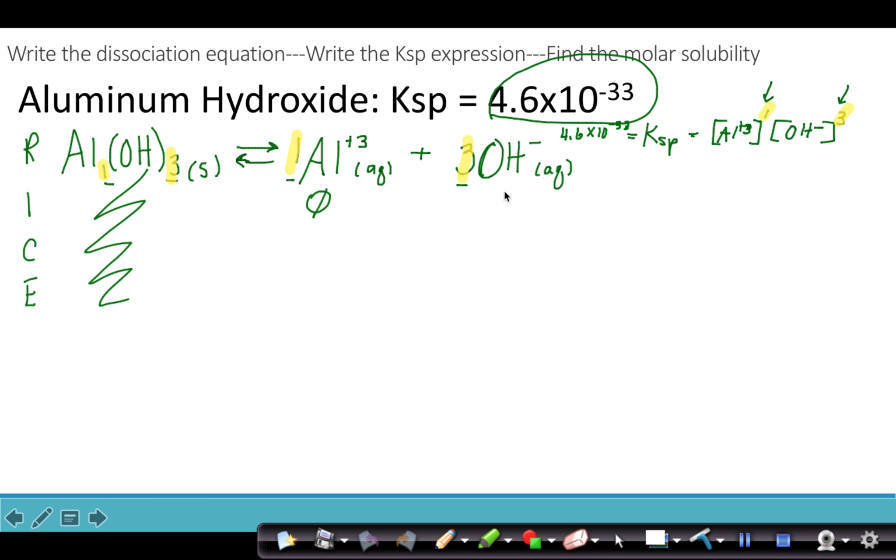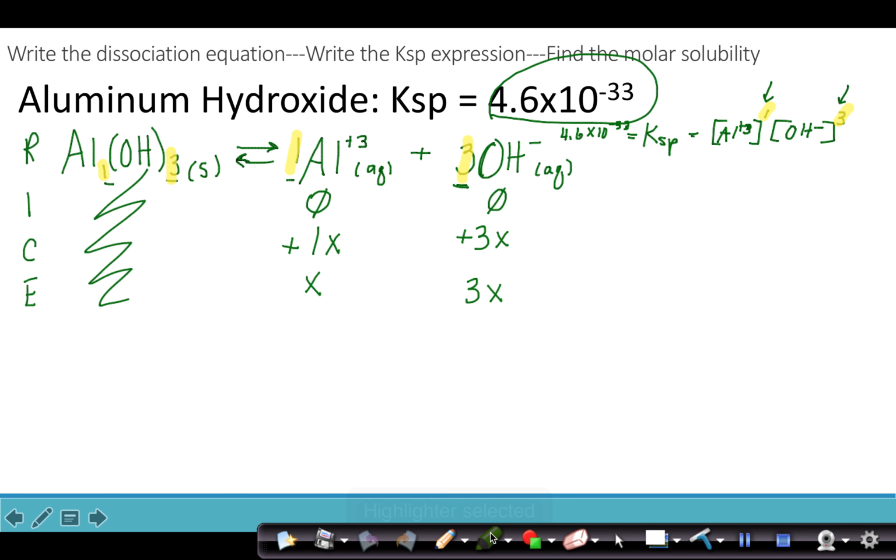Before the dissolving happens, these ion concentrations are 0, which means that before the dissolving, Q is 0, so that products will increase as we reach equilibrium. Plus coefficient x, this coefficient, plus coefficient x, again, this coefficient, and then we read down 0 plus 1x is x, 0 plus 3x is 3x.